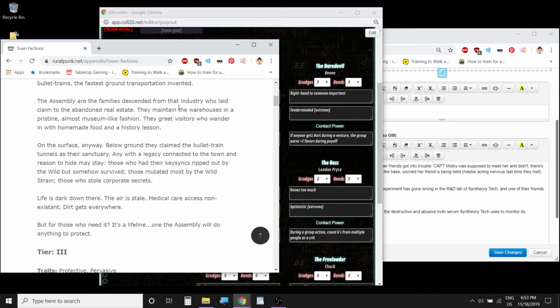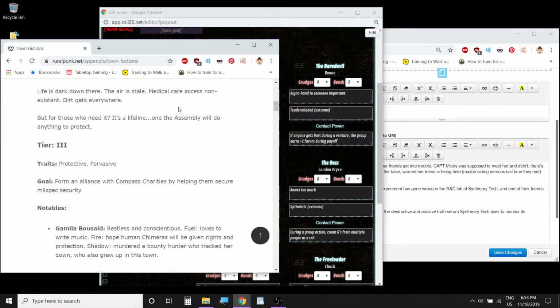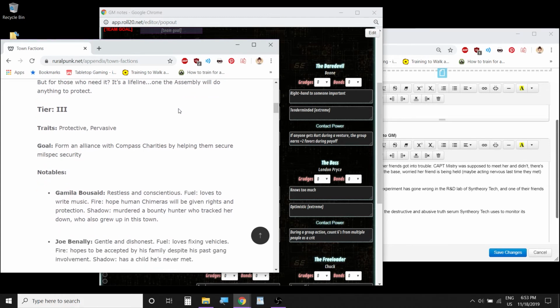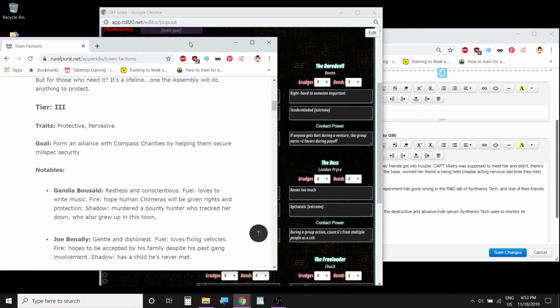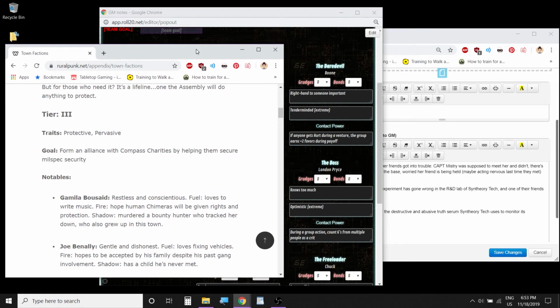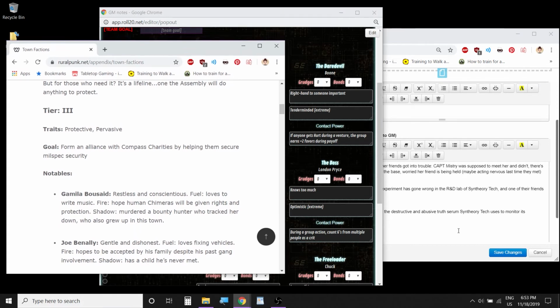So if we think about the boss as being connected to the Assembly in some way, they want to form an alliance with Compass Charities by helping them secure mil-spec security. So this could be another theft one, or we could be focusing sort of on data stealing.